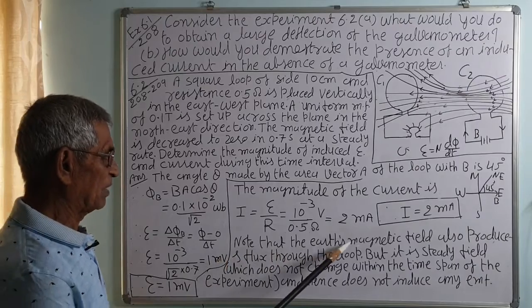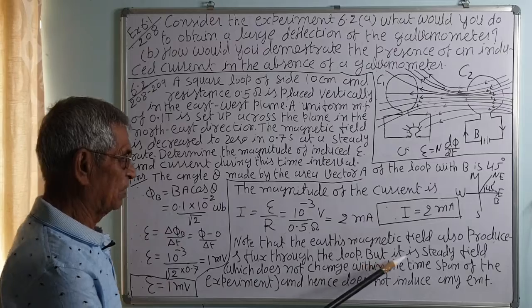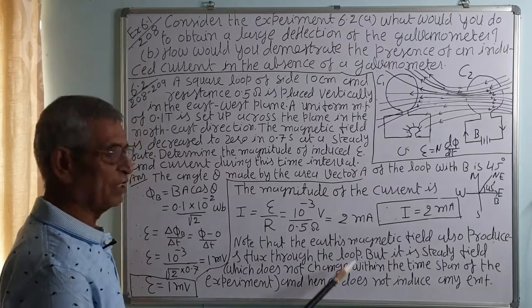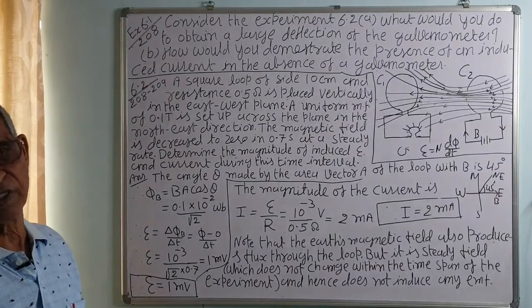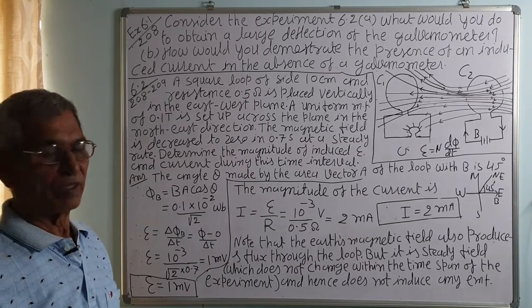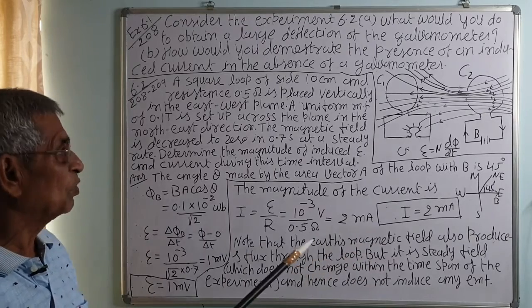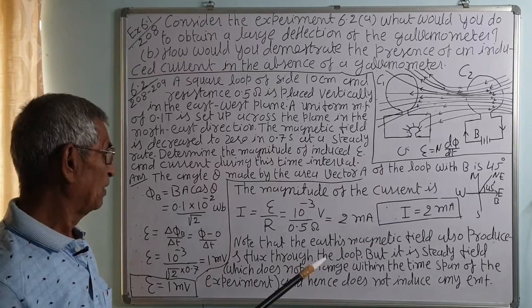Note that the earth's magnetic field also produces flux through the loop, but it is a steady field which does not change. A steady field does not cause any change in the EMF generated, because the rate of change of flux will be 0. There is no change in the flux; it is a constant flux.